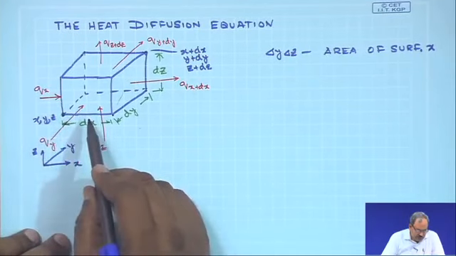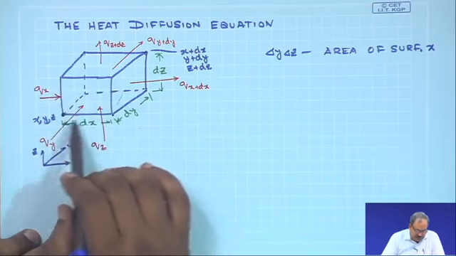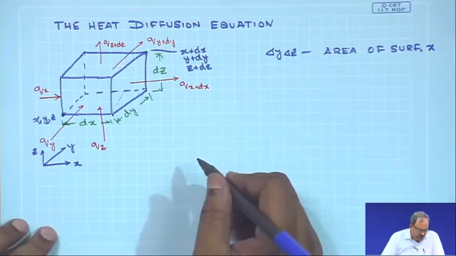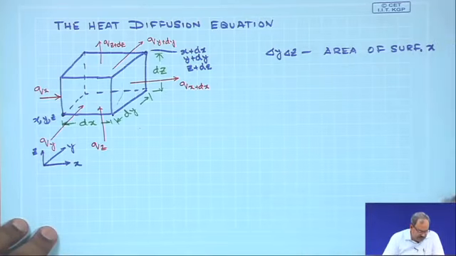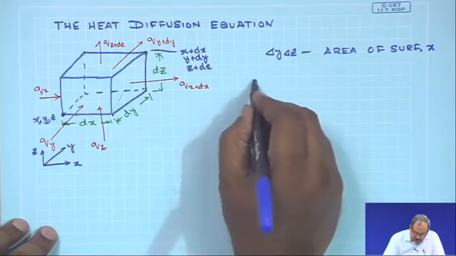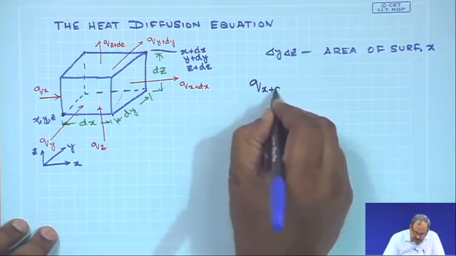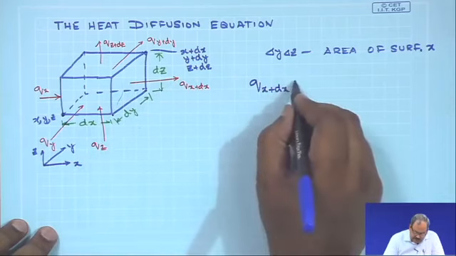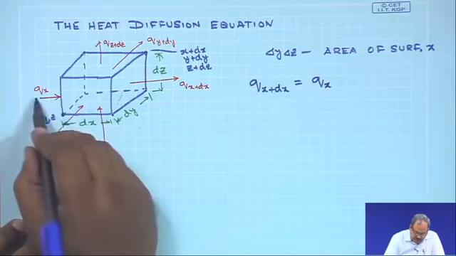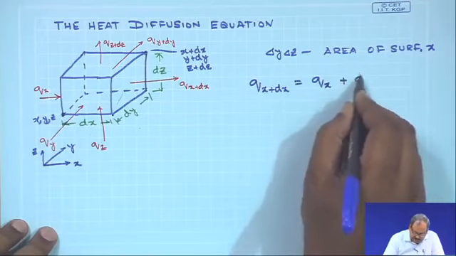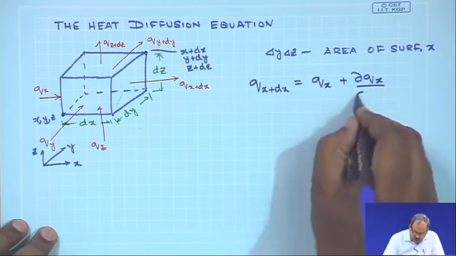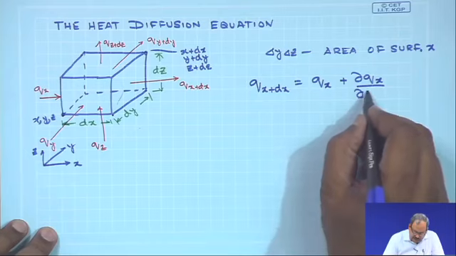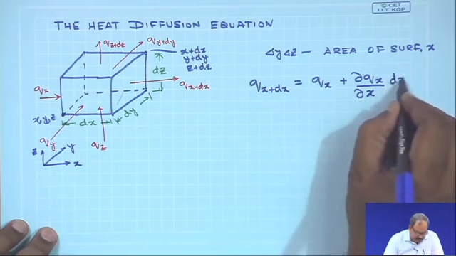So, we are going to write the energy equation with the conservation of energy for this control volume. In order to do that, the first thing we have to do is express qx plus dx, that is the amount of energy which leaves the x face, as the amount of energy which comes in to the x face plus the change of conductive heat flow in the x direction with x multiplied by dx.